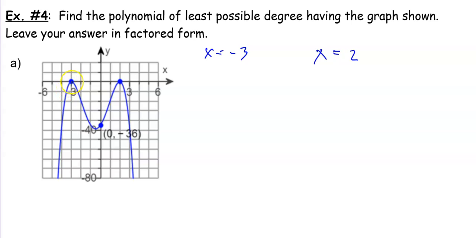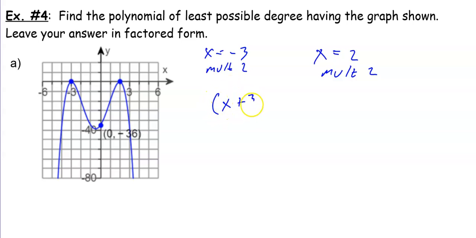But you notice at -3 we bounce off the x-axis and we come back around. That means this is a multiplicity of at least 2. It might be higher, but it's at least 2. And it does the same thing at the +2. So that means we have 2 zeros here and 2 zeros here. So that's at least an x to the 4th.